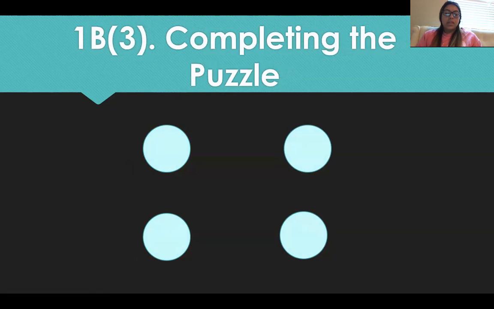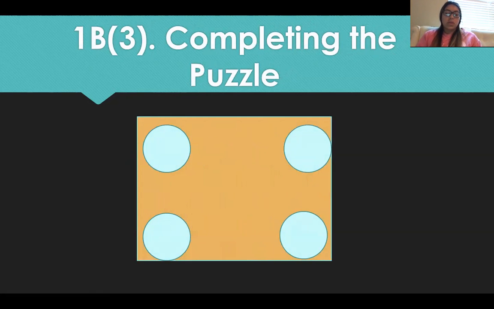Here we have to complete the puzzle once again. We are given the number 3, which is placed in the blue circle at the bottom right corner. Next, we are given the numbers 15, 8, 6, and 12.